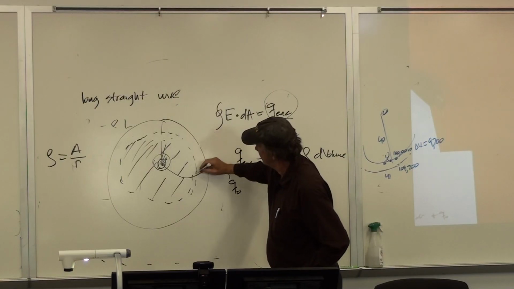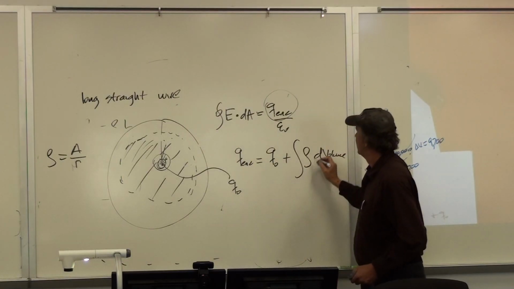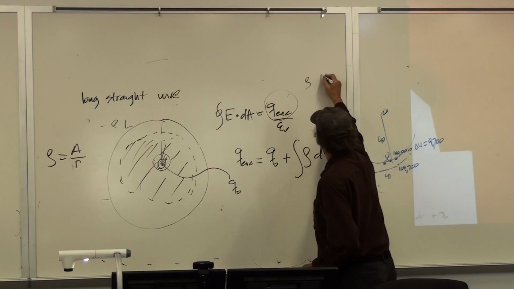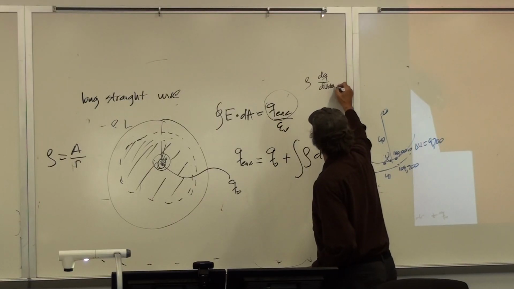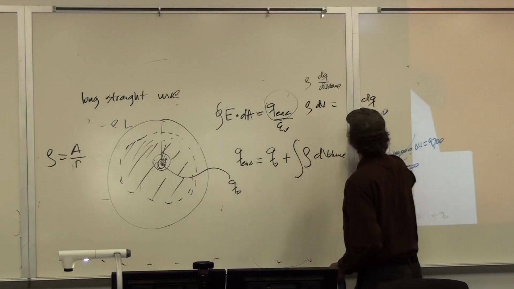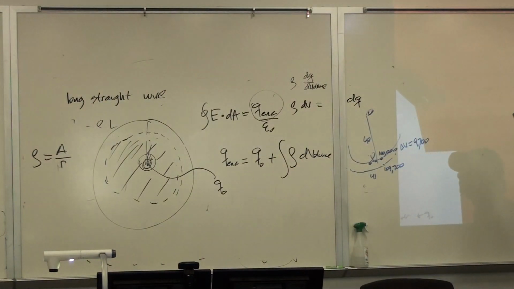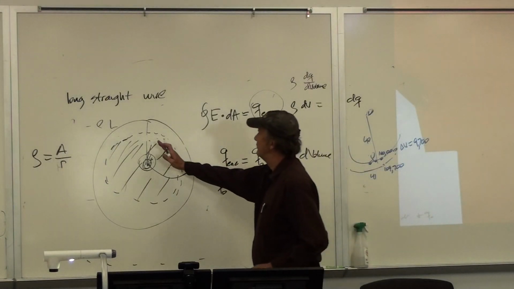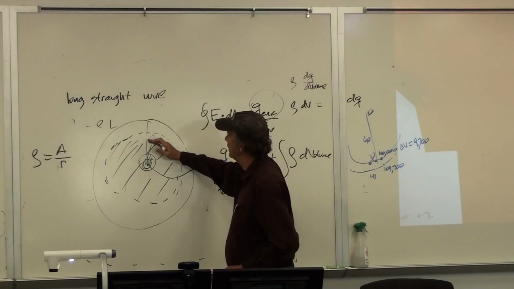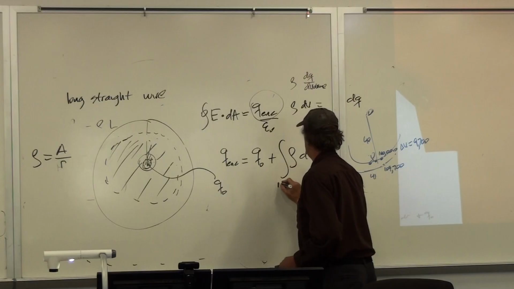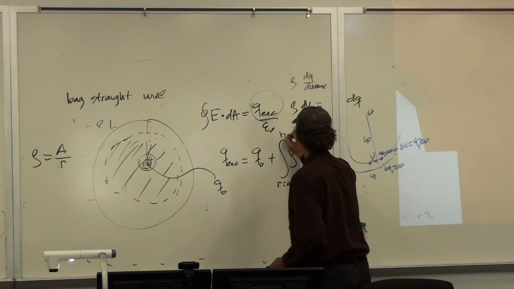And the charge that's enclosed by the Gaussian surface, remember that rho is dq over d volume. So rho times d volume is equal to dq. So the little bit of charge then that we get for a dr here, we add all those together from r equals a to b.